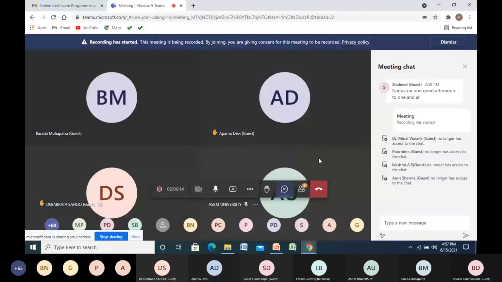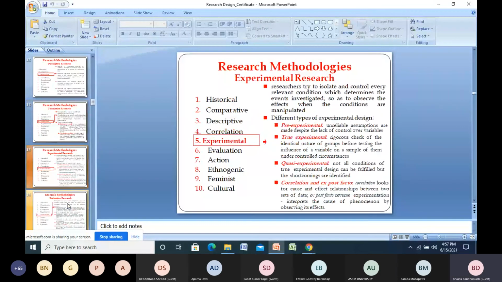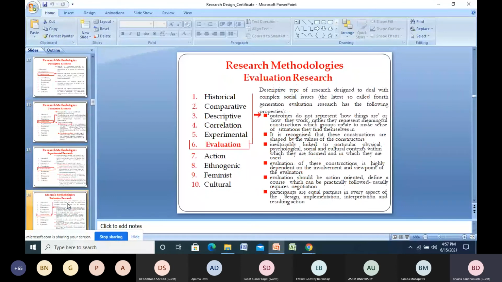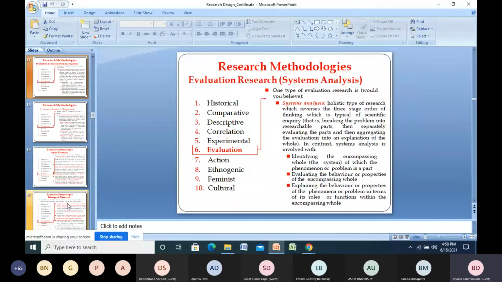See, I just want to tell you, when you talk about the evaluation process of the research, I told you two things. One, I told you about the system analysis. The second one is your response evaluation.